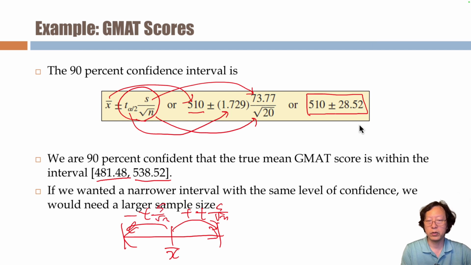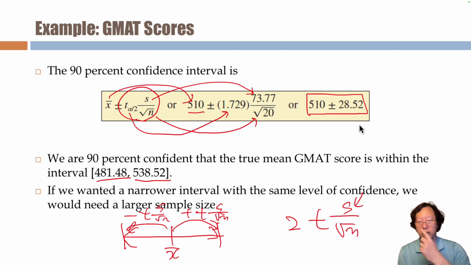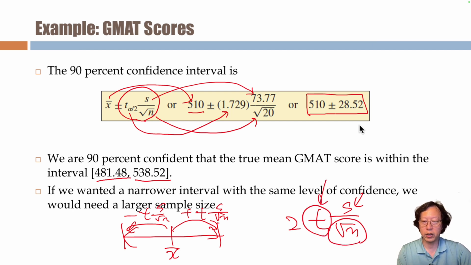So actually the width is 2 times t s over square root of n. s is not a number you are trying to find out, and t you are also not deciding. So n you can change, right? If you want a narrow interval, you had better have a large n. But if you have a smaller n, then you will have a wider interval.